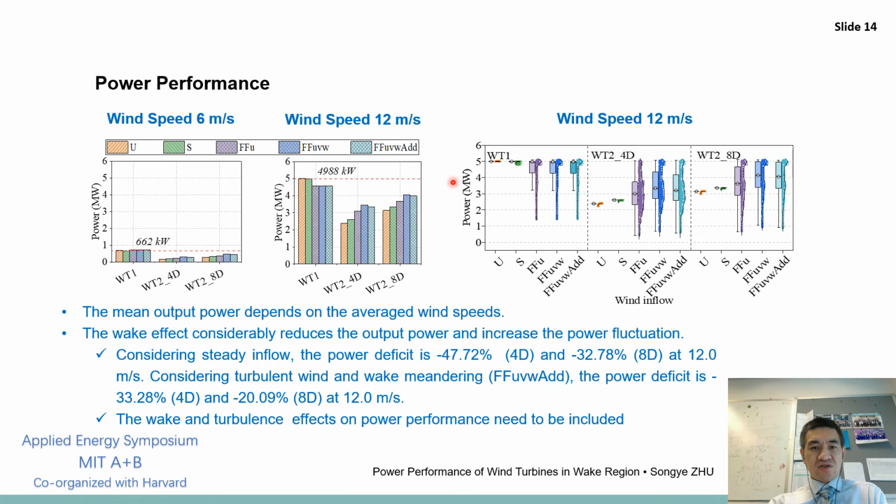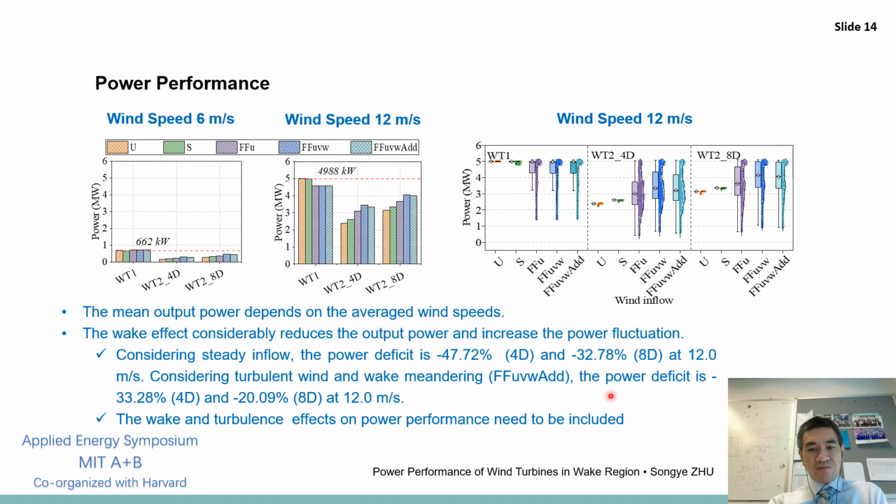More important, if we just use traditional analytical models to consider wind speed deficit in the wake regions, we will get this green bar. It will predict the power deficit is around 48% at 4D distance, around 33% at this 8D distance. But if we consider all the effects, including wake meandering and added turbulence, we will get the last bar.